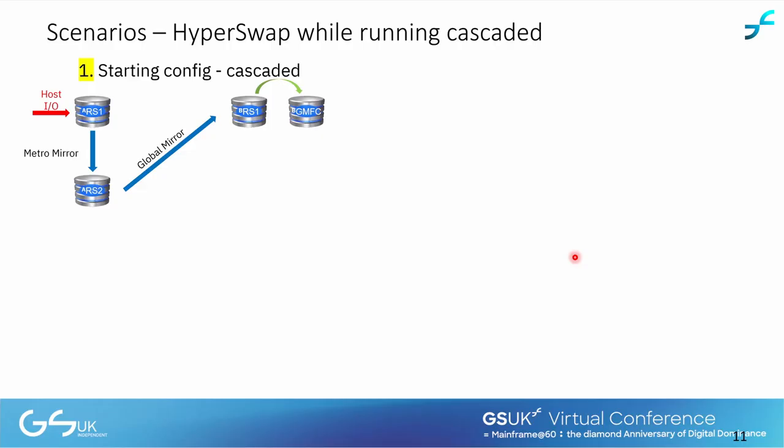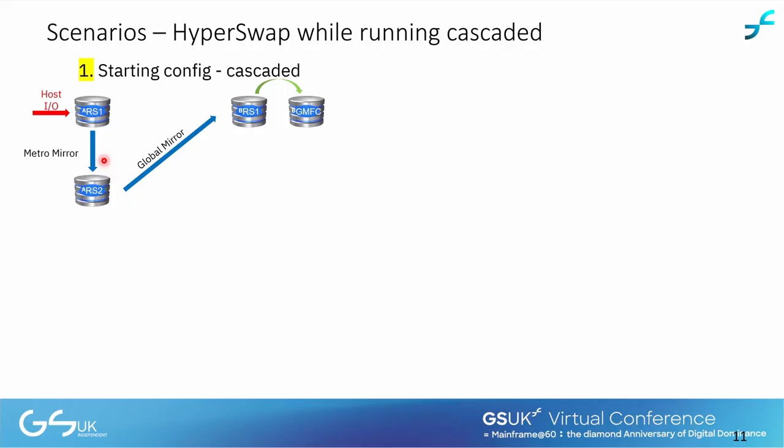HyperSwap being when you have RS1 devices and RS2 devices in this Metro Mirror leg, in the event that you have to declare a primary failure, you are able to swap to your RS2 devices, and you're able to promote host IO on your RS2 devices in a Metro Mirror configuration. That is one of the biggest methods of utilizing Metro Mirror, the HyperSwap capability.